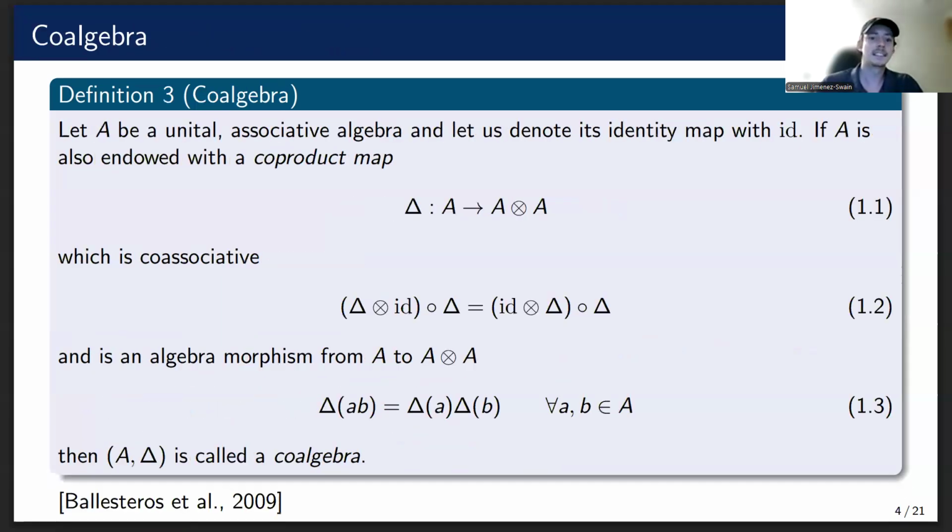Now, to discuss these coalgebra methods, we first need to understand the notion of a coalgebra. So a coalgebra is in some sense the dual notion to an algebra. Instead of looking at products, we focus on a coproduct, a map that sends A to the tensor product with itself. And this map also must be co-associative and an algebra morphism in the way described in equations 1.2 and 1.3.